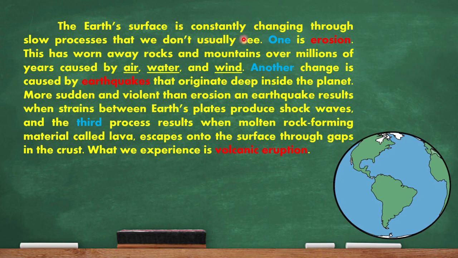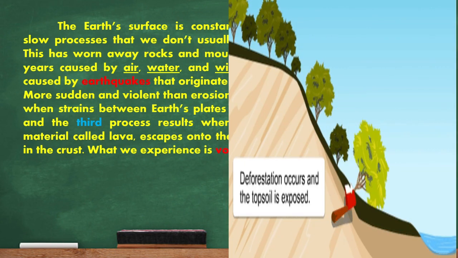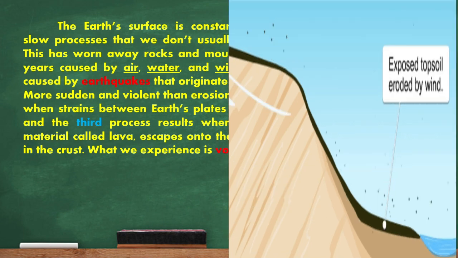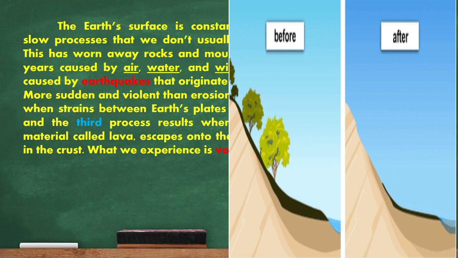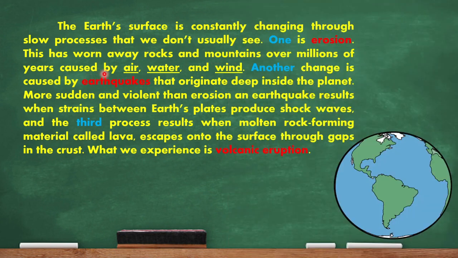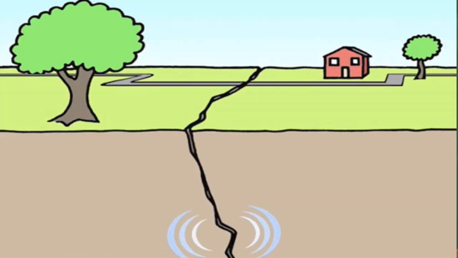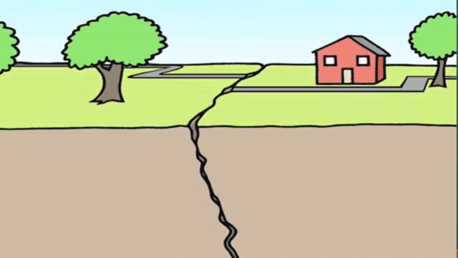The Earth's surface is constantly changing through slow processes that we don't usually see. One is erosion. This has worn away rocks in mountains over millions of years caused by air, water, and wind. Another change is caused by earthquakes that originate deep inside the planet.